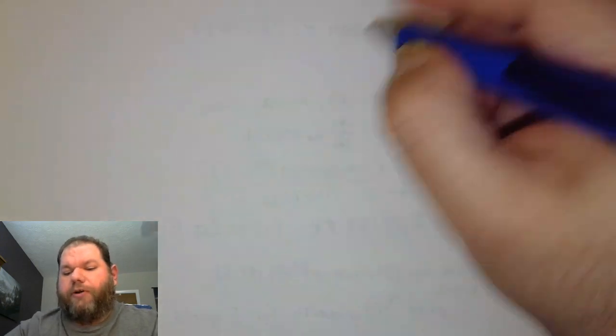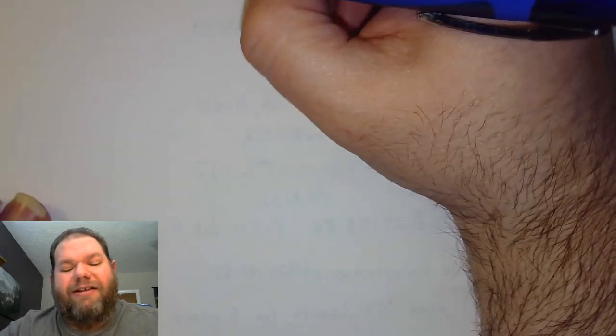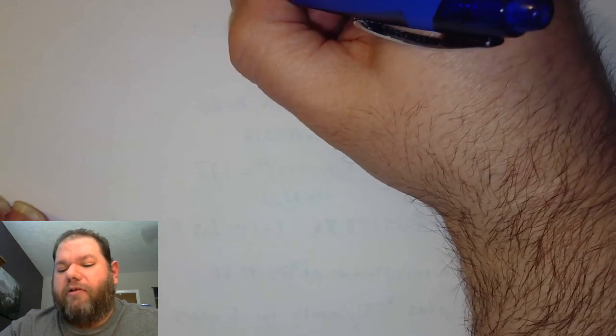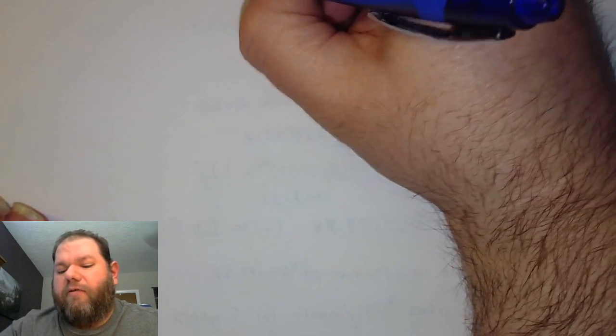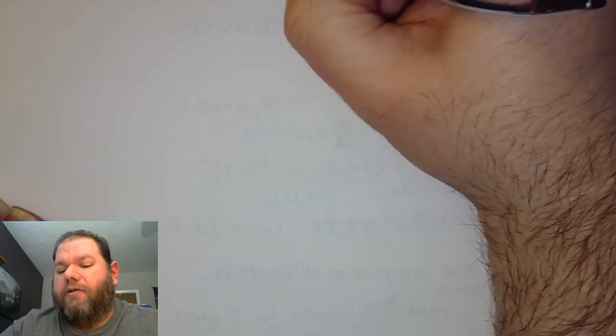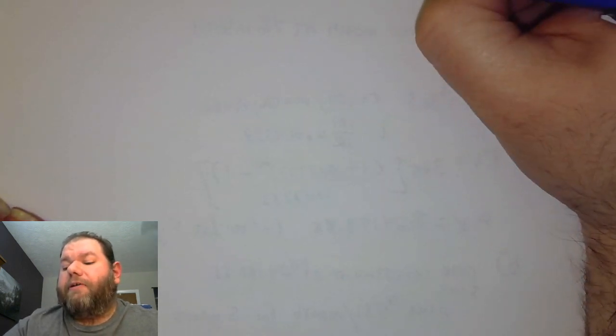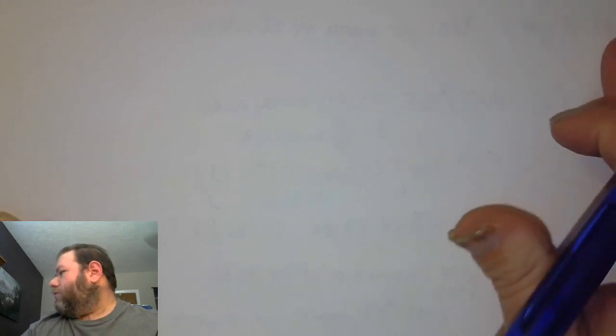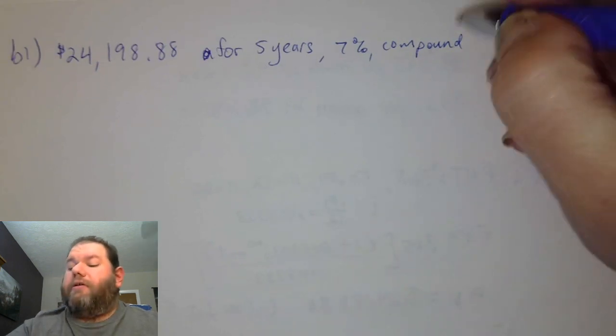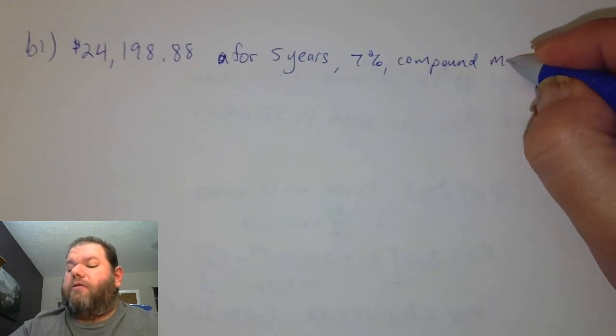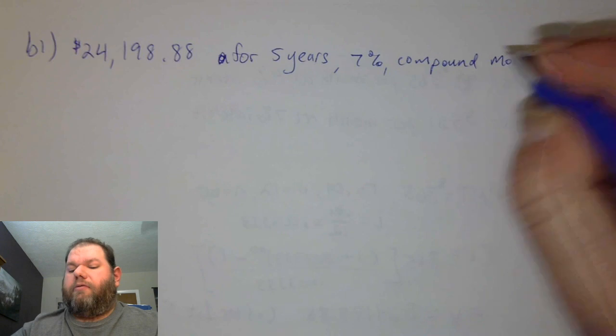Call it Part B1, for 5 years, 7% compounded monthly. Which you can't see. There you go. Okay.